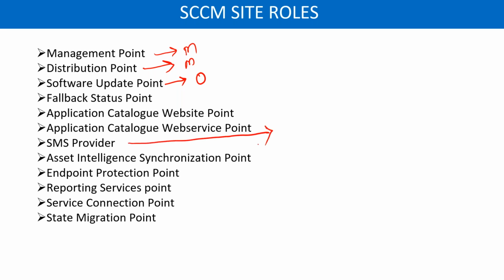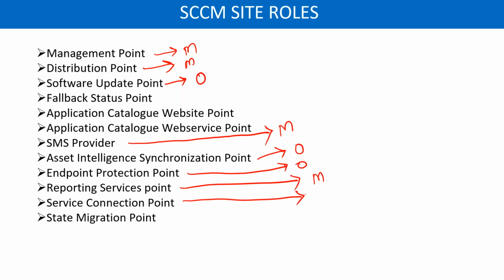SMS provider, it's mandatory. Asset intelligence synchronization point, optional. Endpoint protection, optional. Reporting services point, mandatory. This one, optional.